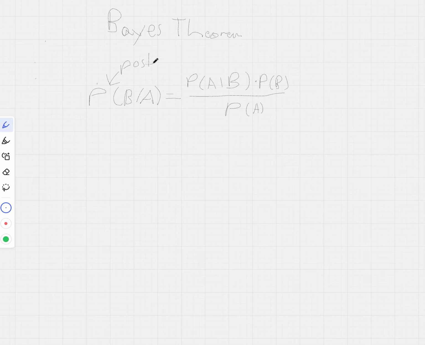This is essentially the probability of event B post us gaining information on event A, and this is the prior probability. It's the probability of event B prior to us gaining more information. So essentially, this theorem allows us to update the probability of event B given that we have more information.